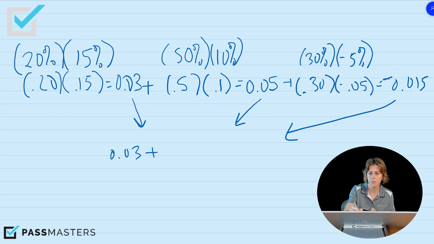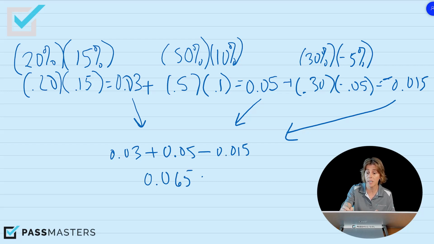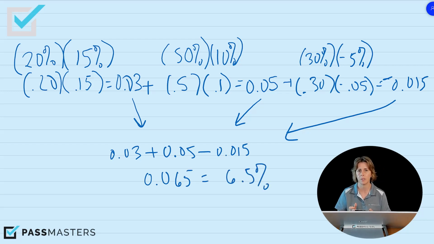0.03 plus 0.05 minus 0.015, which is 1.5%. And we get 0.065, which in a percentage is 6.5%.